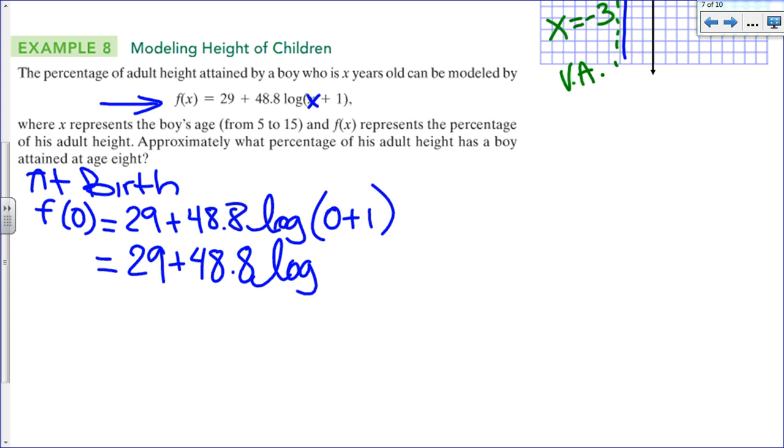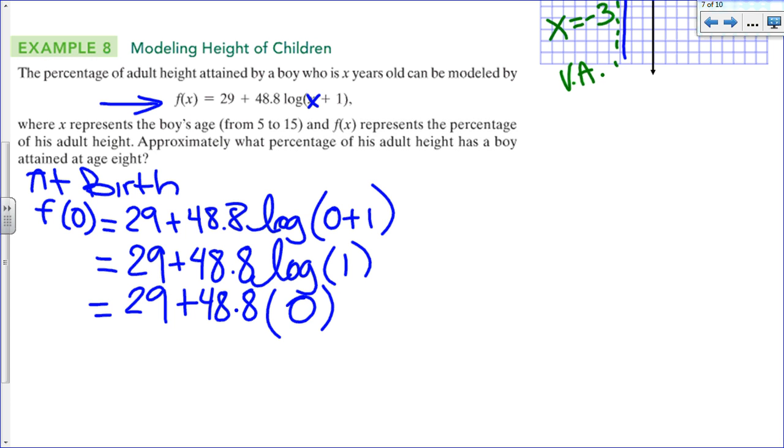Here we're going to have log of 0 plus 1, which is 1, right? Now 29 plus 48.8, what is the log of 1 of any base? 0. Now what is 48.8 times 0? 0. So the height was 29. Is that in inches or in centimeters?